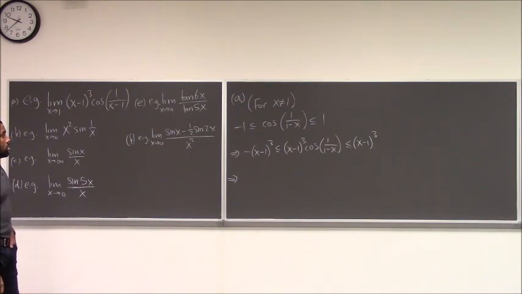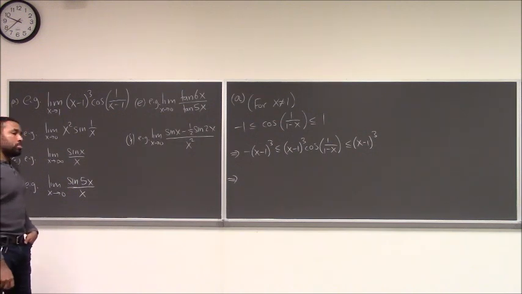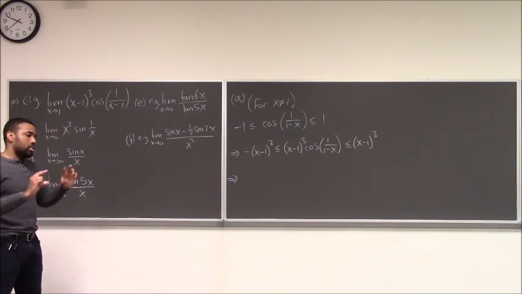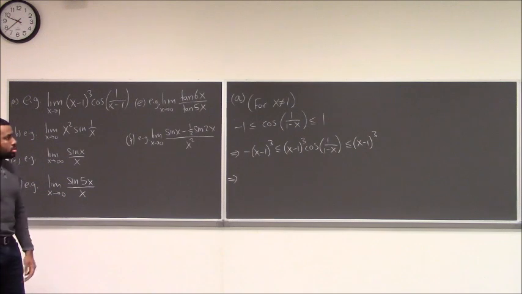I wasn't sure because I know sometimes you have to flip the inequality and make the less thans greater thans. Well, that happens in 2 cases. It happens if you multiply through by a negative number, or if you're on the same side of 0 and you take the reciprocal of both sides. So this doesn't necessarily apply.